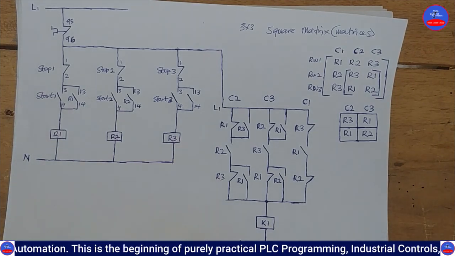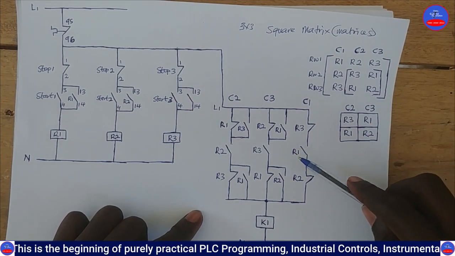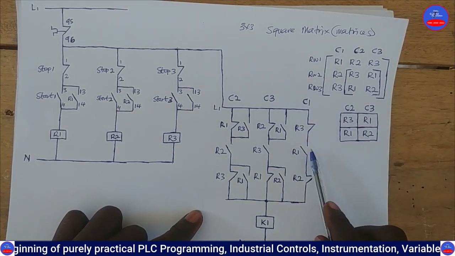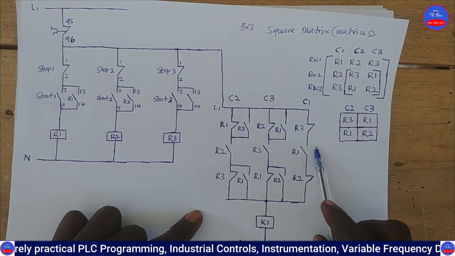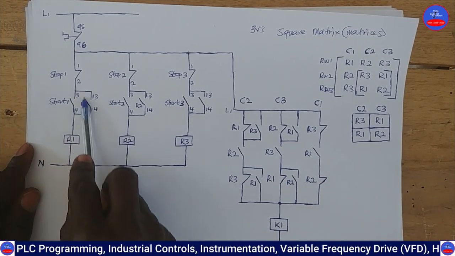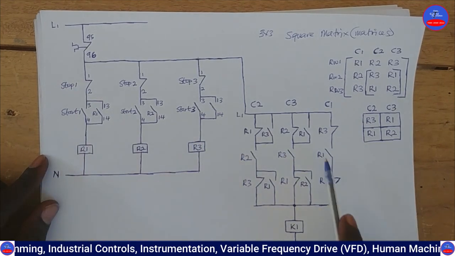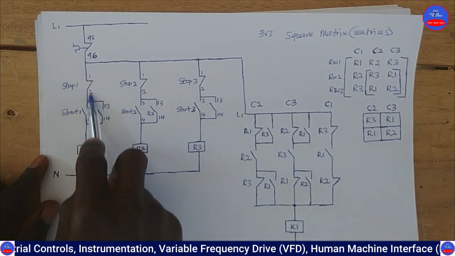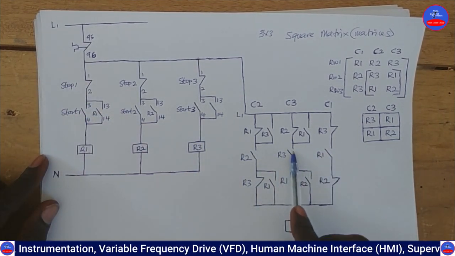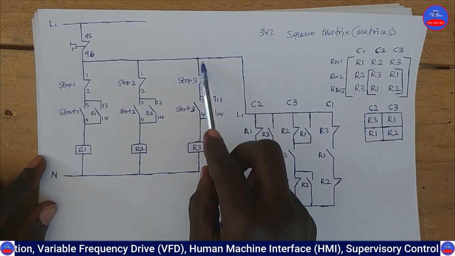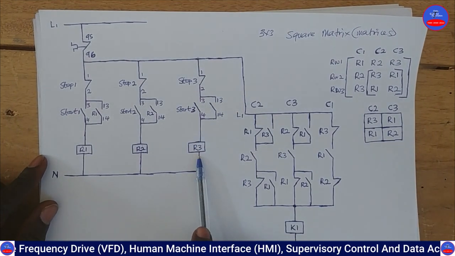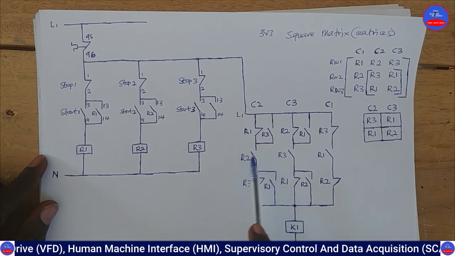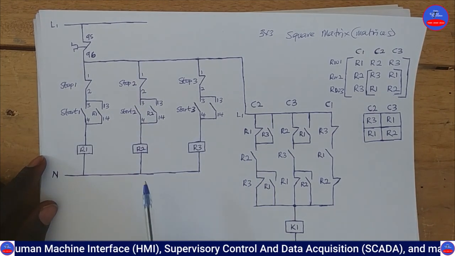This R1 here is for this side, this R3 is for the R3 here, and this R2 is for this R2 here.